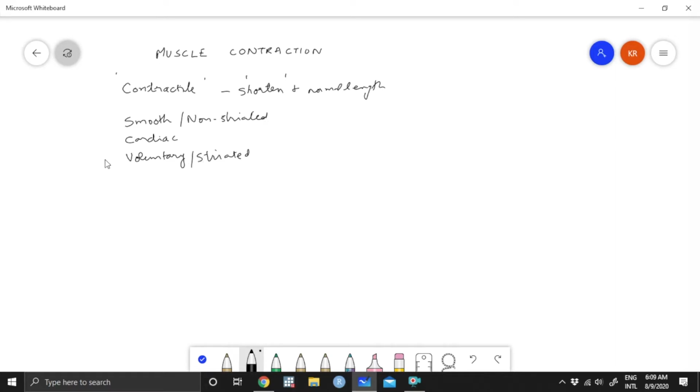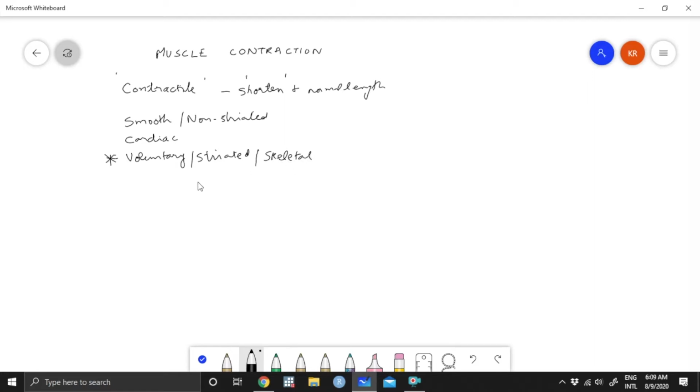So this particular discussion is with respect to voluntary muscle or striated muscle. So voluntary or striated muscles are attached to bones, so they are also called skeletal muscle.